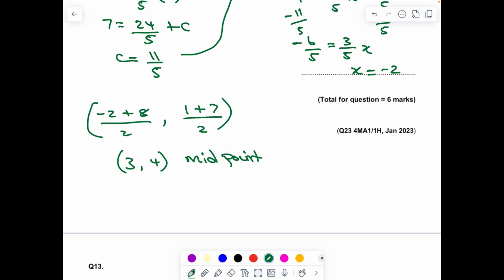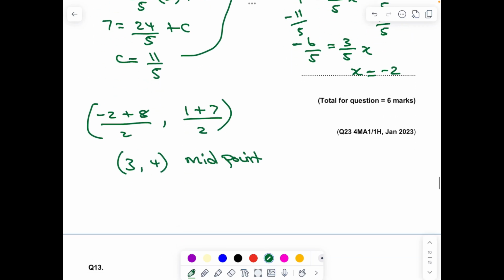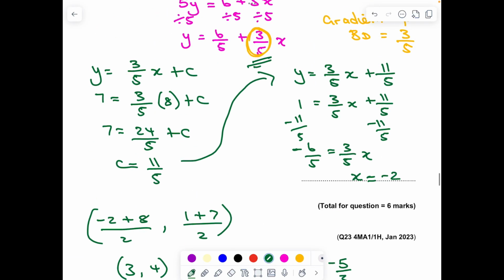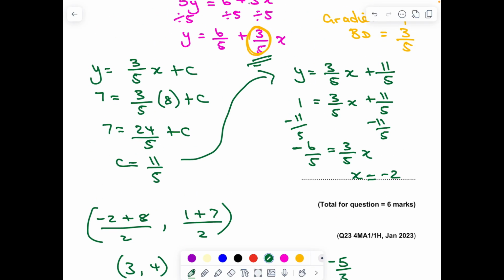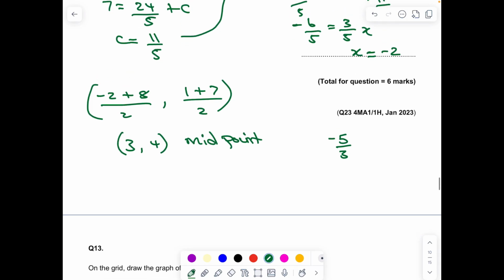So if the gradient of this one was 3/5, the gradient of the line perpendicular must be minus 5/3. So we just flip it. So 5 goes to the top, 3 on the bottom, and we make it negative. So we change the sign. So minus 5/3. So now all we need to do is say y equals minus 5/3 x plus c.